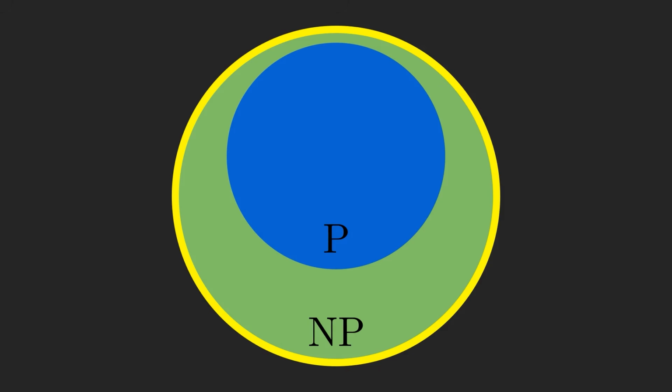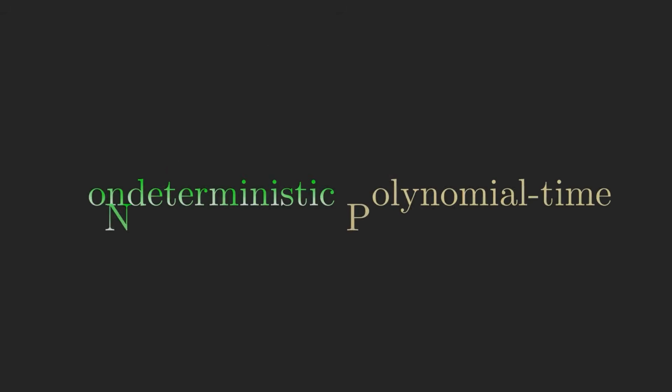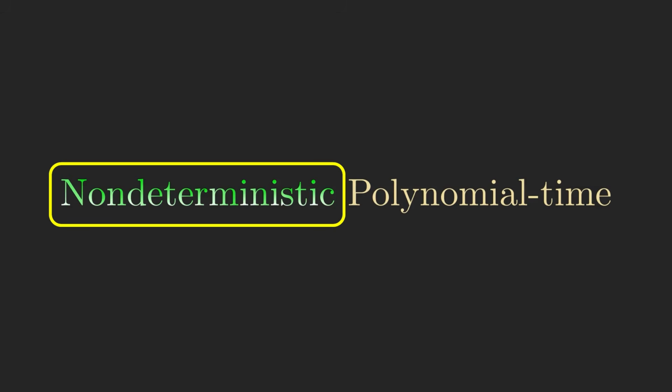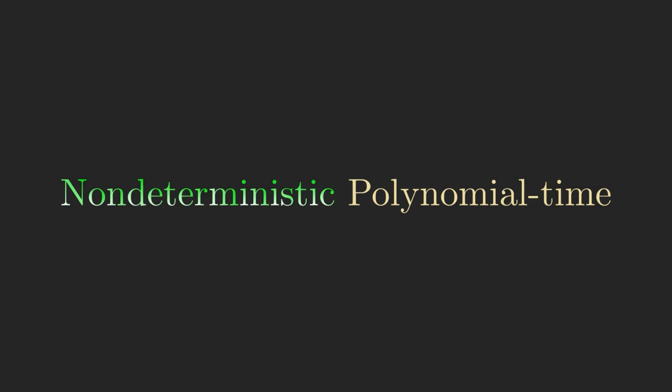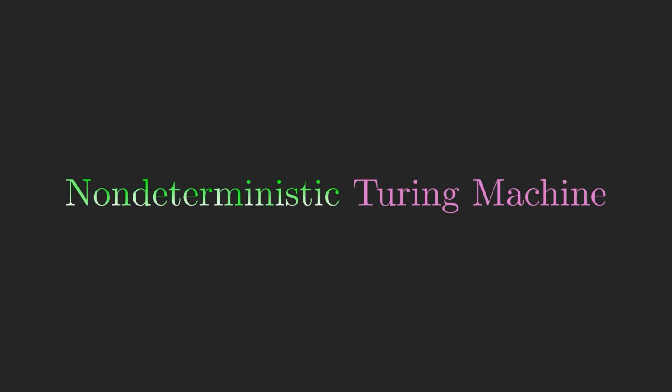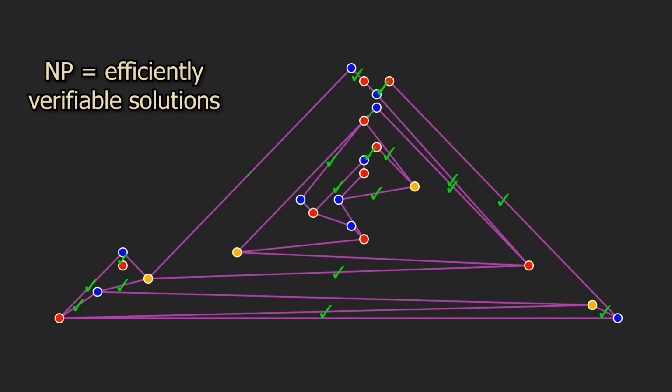Once more, the terminology here is a bit confusing. NP actually stands for non-deterministic polynomial time. The word non-deterministic comes from an equivalent definition of NP that's based on something called a non-deterministic Turing machine. But the definition I and many others find the most intuitive is based on the idea of verifying solutions.